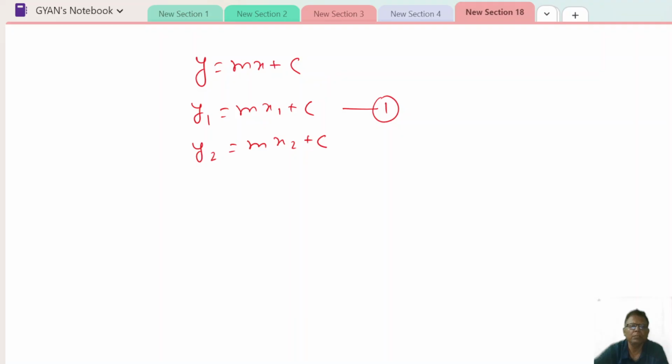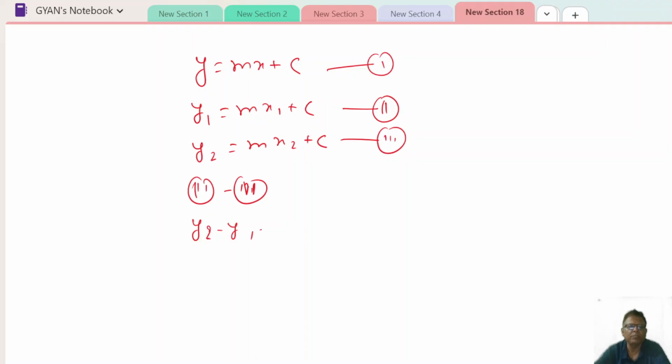This is 1, this is 2, and this is 3. You do 2 minus 3, or 3 minus 2. You can do both, whatever you want. So y2 minus y1 is equal to m common, x2 minus x1. That implies m is equal to y2 minus y1 divided by x2 minus x1.